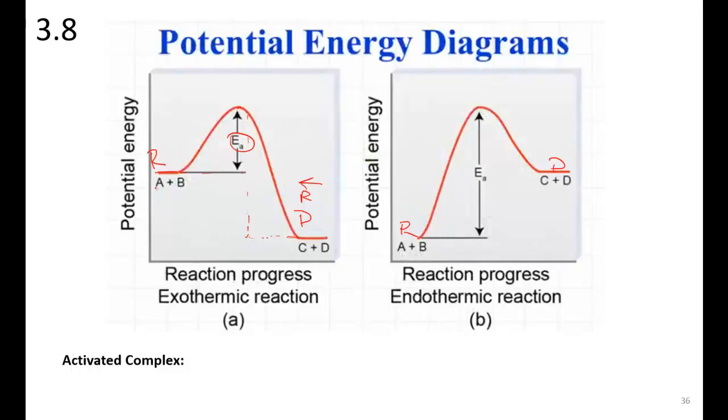Now, one of the things that does not change is my enthalpy. My enthalpy is always reactants versus products. So this is my enthalpy, right? And because I start at a higher energy and end up with a lower energy, this is exothermic, right?